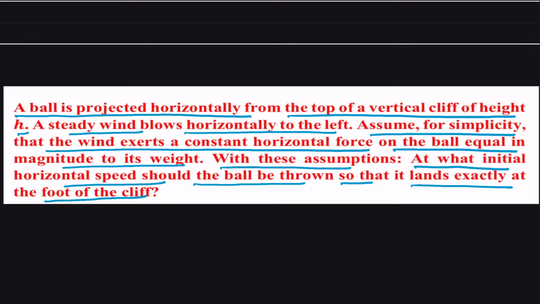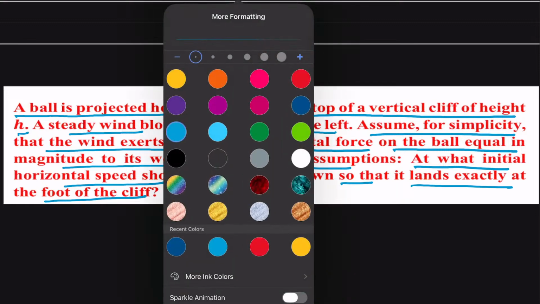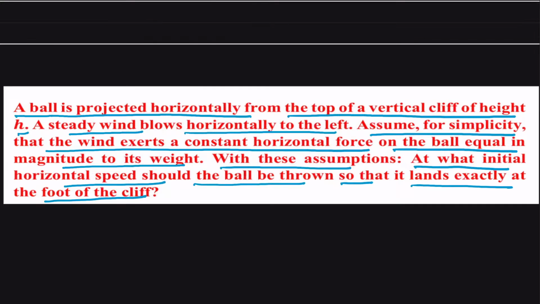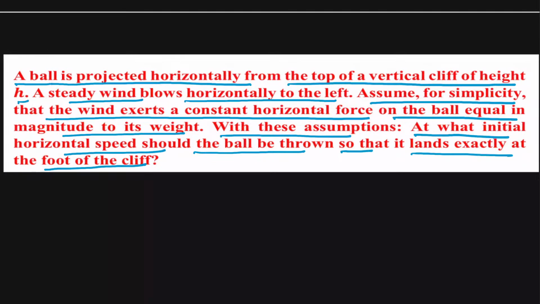It's given that we can just draw the basic figure. So we are given that a ball is projected horizontally from a cliff of height h. So this is suppose our cliff. This is the base of the cliff, and this is our topmost point, and its height is given as h.